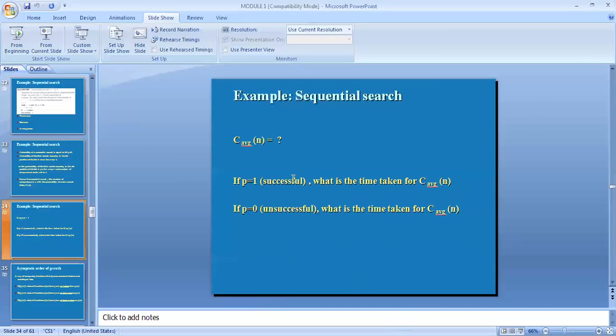If it is a successful search, it depends on the particular position in which the value has been found. But if it is unsuccessful, it's not found at all, so even if the list is longer, that's going to be the time. That's going to be the worst case of it.